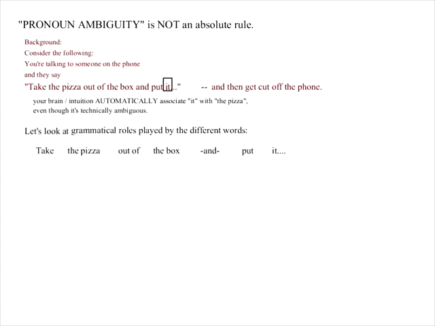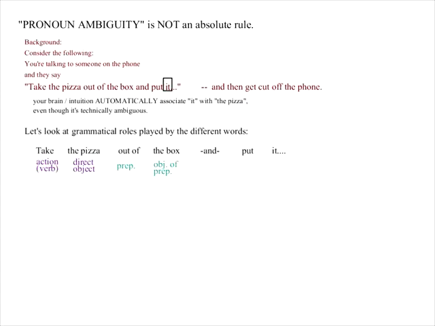If we look at what these things are doing in a sentence, a couple of you have nailed this. Take is an action verb. Then the pizza is a direct object. And as a couple of you have pointed out, this is a preposition, and this is an object of that preposition.